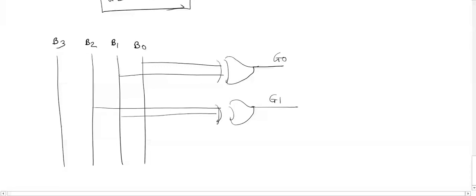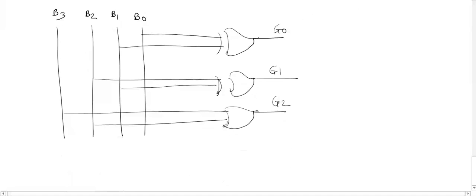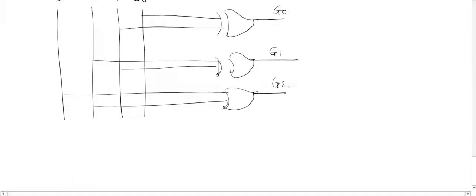Now G2 is B2 plus B3, so only an OR gate is sufficient. B3 is my first input and B2 is my second input. It gives me G2. And G3 is nothing but B3, which I give directly as the input.